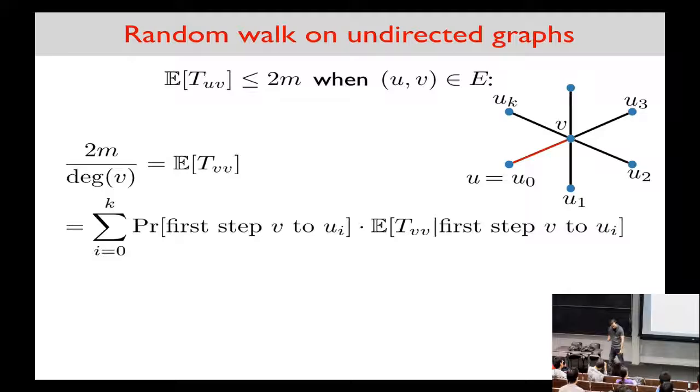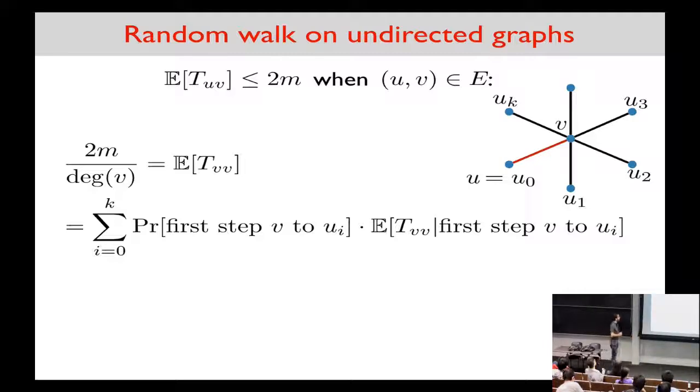Let me write it down. So this expectation of going from V to V is the following. By using the law of total expectation, which I think you did in recitation, you can write this expectation TVV as the sum over i of the expectation of TVV given that the first step is from V to UI, times the probability that the first step is V to UI.